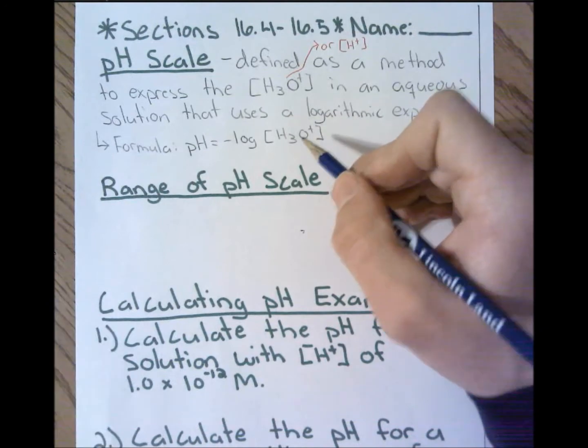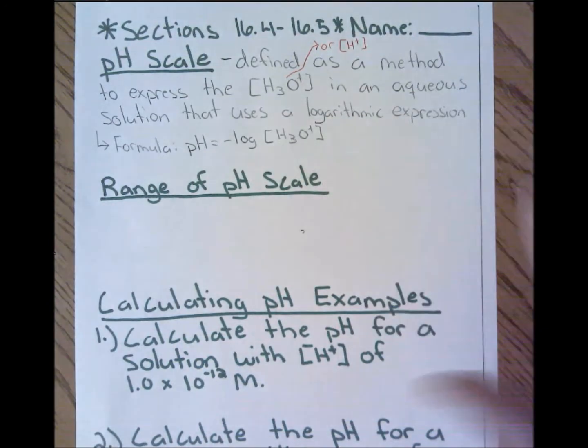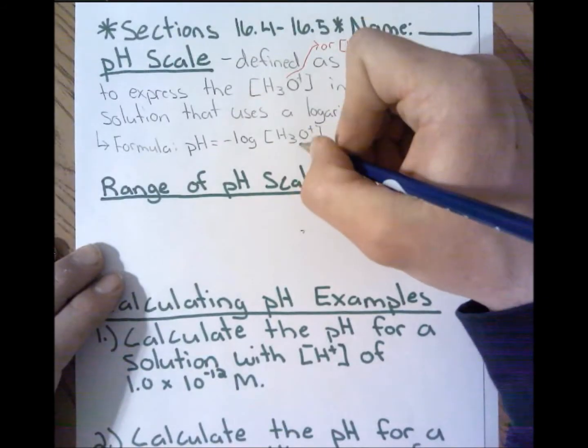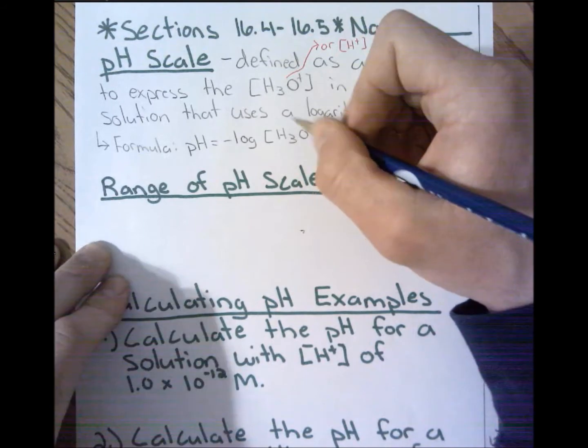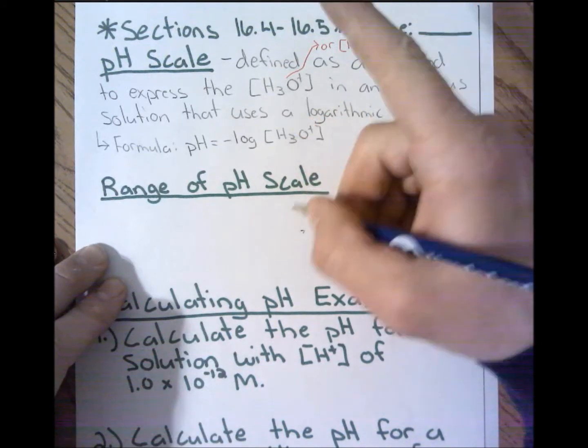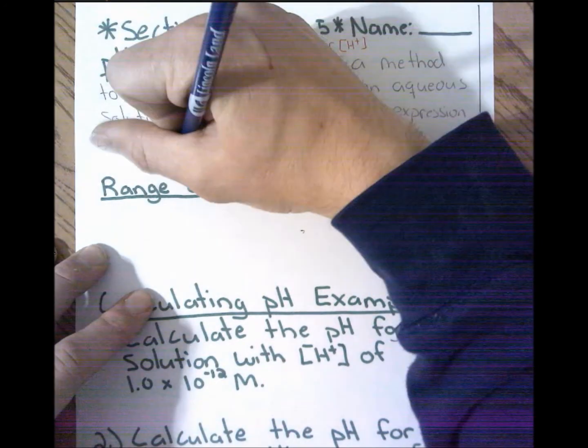Now, the log scales. I'm not a math teacher, but I do want you to have a little knowledge of this. If we change the concentration of H3O plus by 10, we change the pH by 1. So let me write that down.